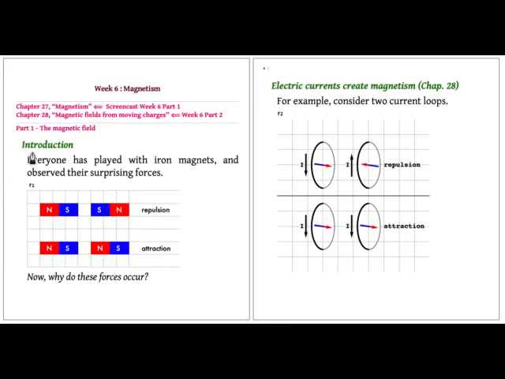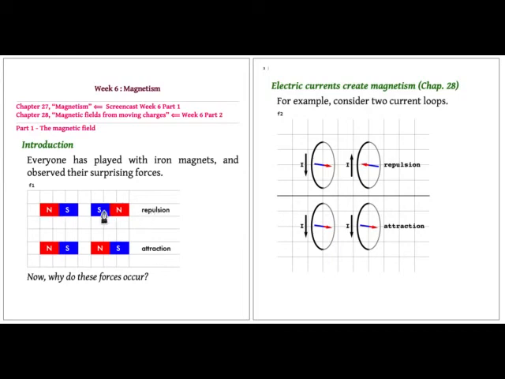Here's a little introduction. I suppose everyone has played with iron magnets and observed the surprising forces that they exert. Suppose you have two little bar magnets. Each bar magnet has a north pole and a south pole. If the south poles are close together, you get repulsion.